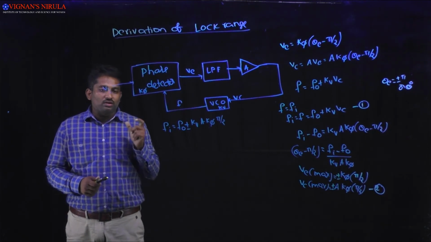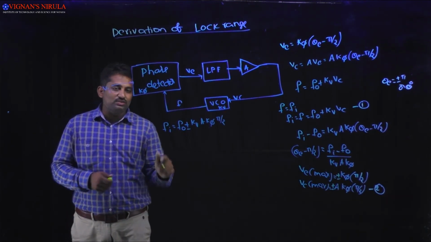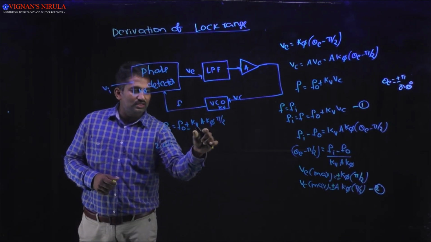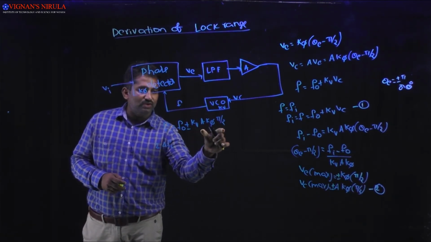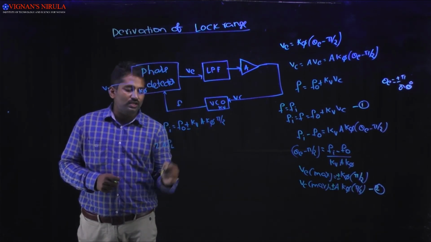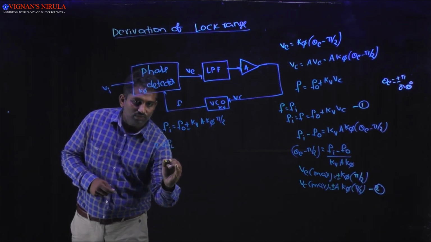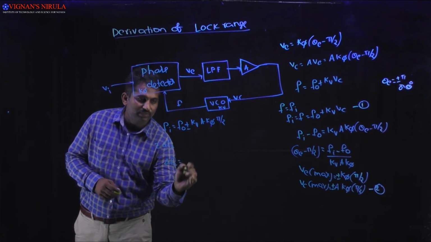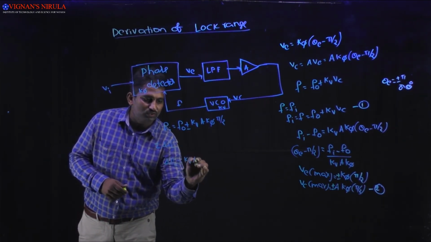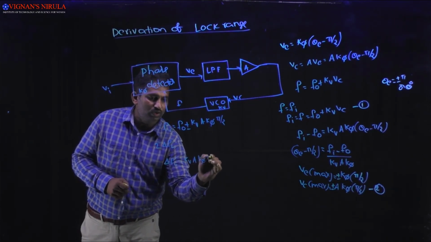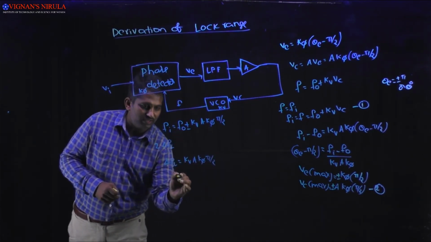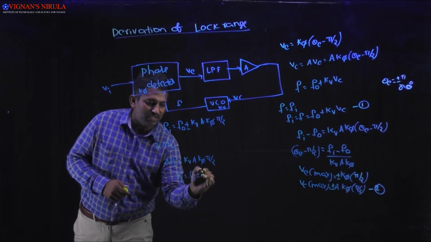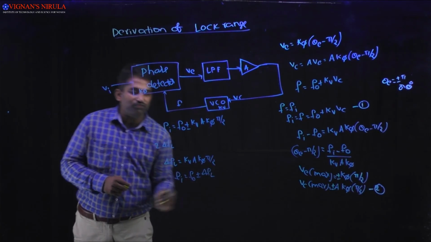Finally we get that the lock range delta fL is kV into A into K phi into pi by 2.